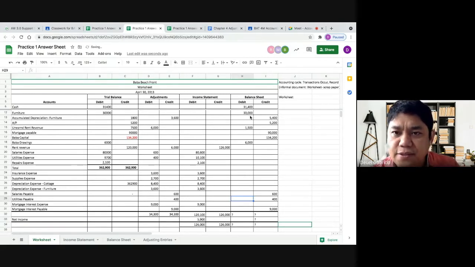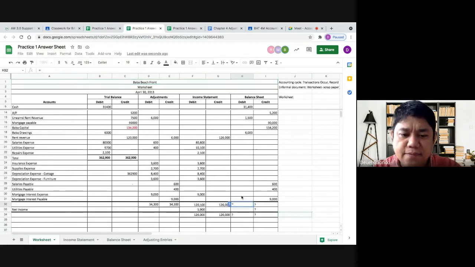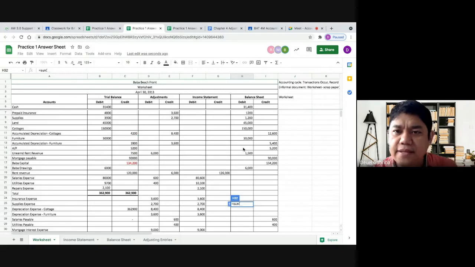Okay, let's do the debit here for the balance sheet. Oh, there's a lot there. Equals. Zoom out. Let's just see.